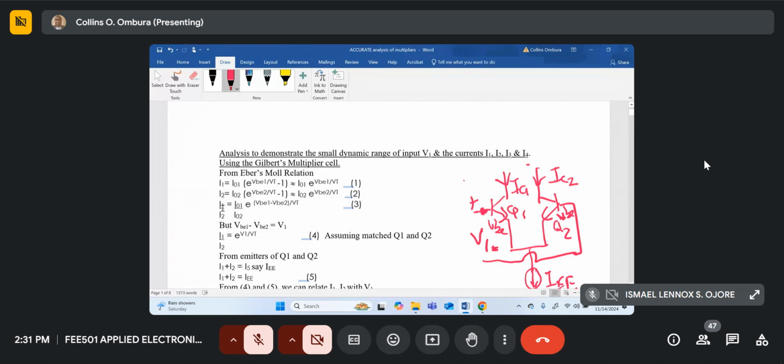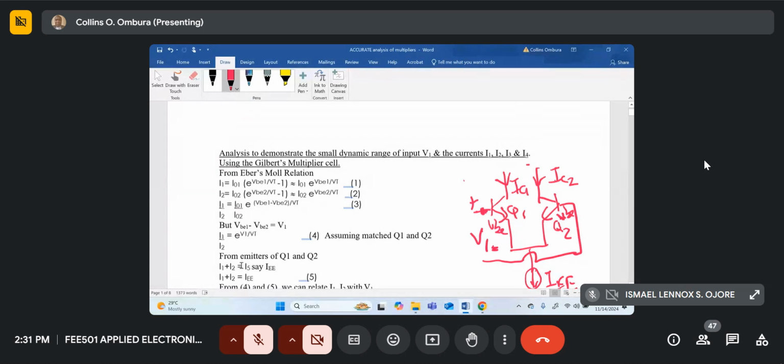Therefore if you divide I1 by I2, you get equation 3, and if the transistors are matched, I1 by I2 is equal to e to the V1 over VT.